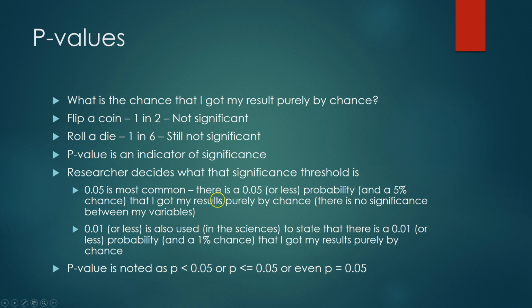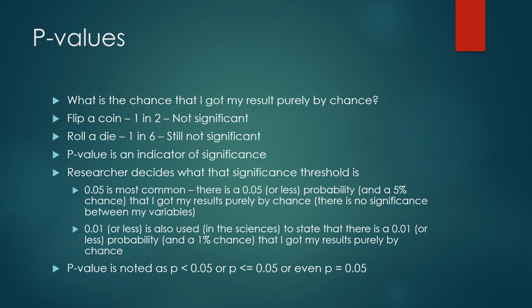Really what this is saying is that there's a 5% chance that you got your results when the null hypothesis that there's no significance between your variables is true. So by setting that 0.05, I am only going to accept those results where there's less than a 5% chance that I got an erroneous result.